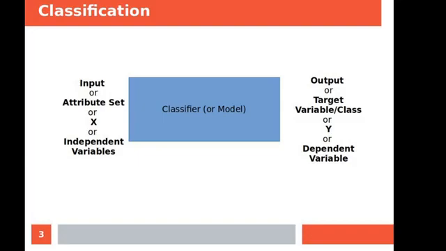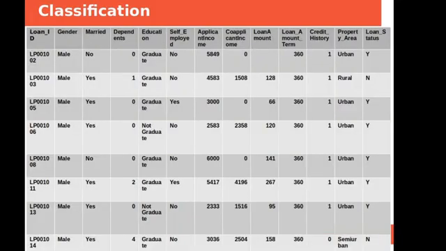So the from field, to field, time field, probably the subject line, all these become your set X or attribute set, which will help you determine the output variable or the target variable, which is your spam or inbox.